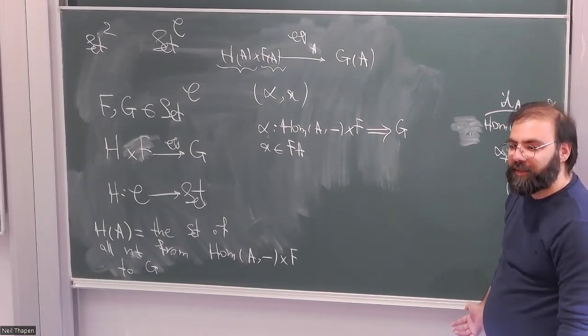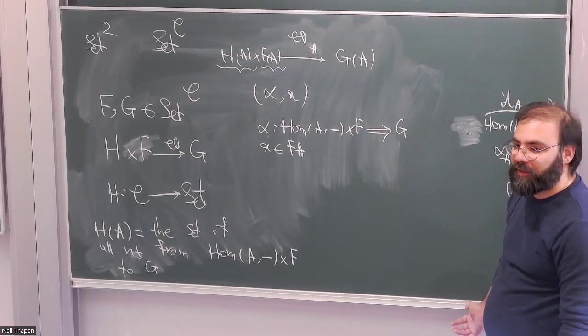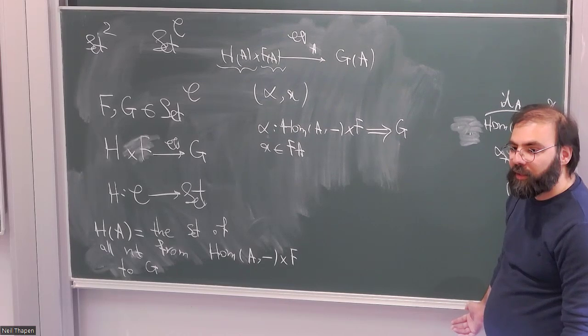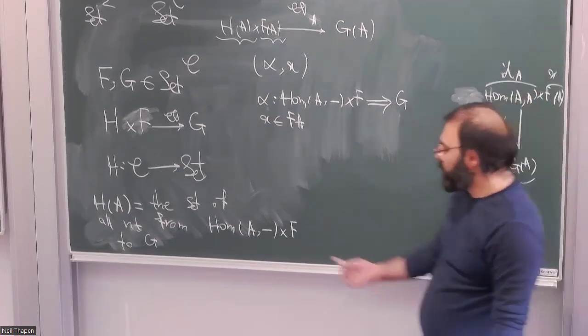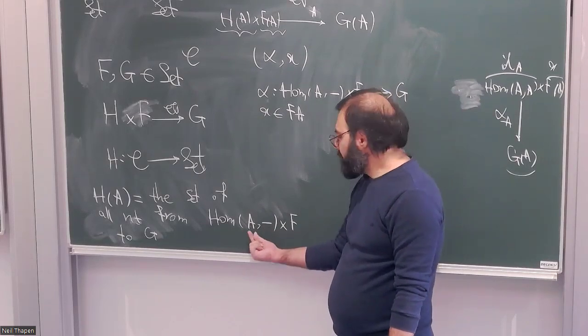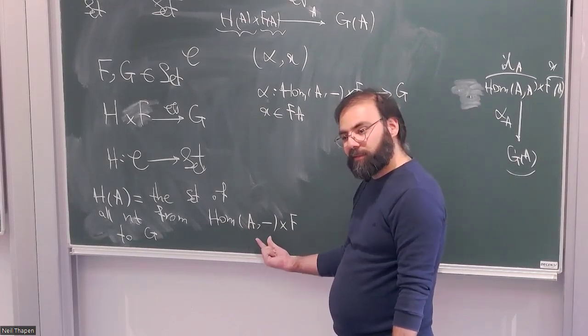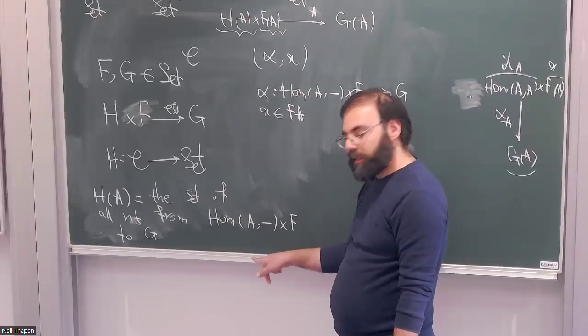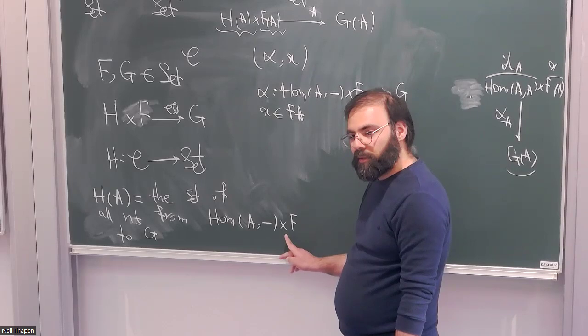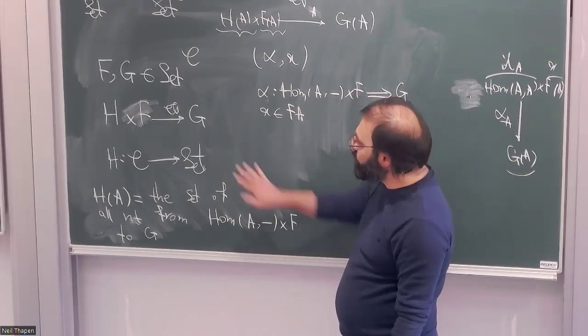Yes, I understood. But this hom times F is not a mapping from... It is because C to itself. Hom is from C opposite times C to Set, right? Yes. F is fixed, G is fixed, right?